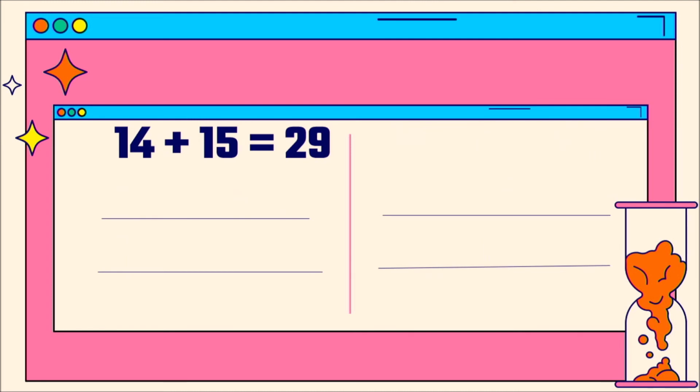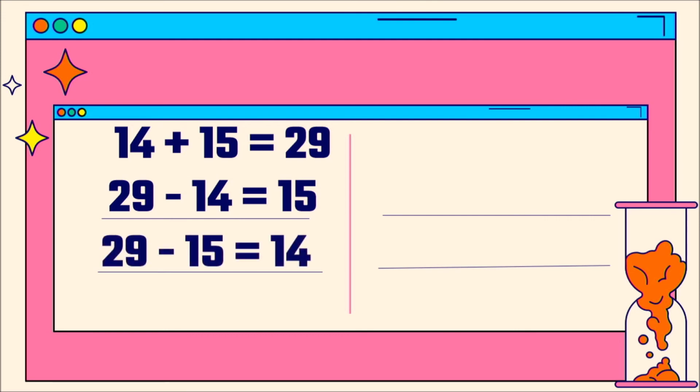Next one, 14 plus 15 is equal to 29. So, 29 will become our minuend. Okay? 29 minus 14 is equal to 15. Now, let's do the vice versa. 29 minus 15 is equal to 14. Next one, 13 plus 12 is equal to 25.